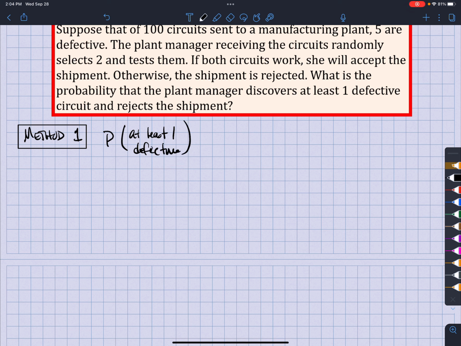That would be the same as saying 1 minus the probability of none defective. Which means this would be 1 minus the probability that the first is not defective.